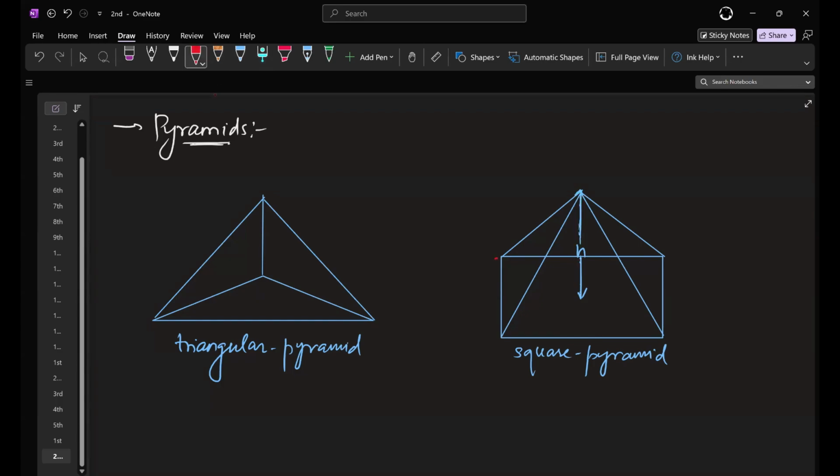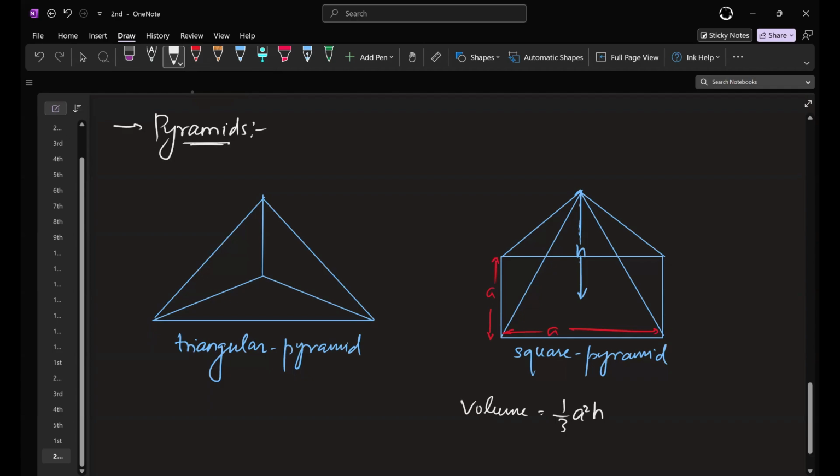Let's say, for example, this was A and this was also A, the square's edge length. Now the volume would be equal to 1 by 3 A square h.